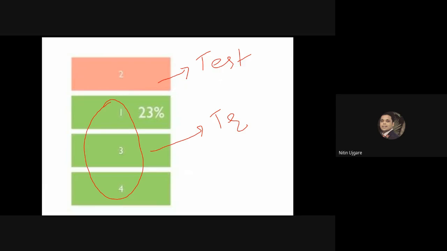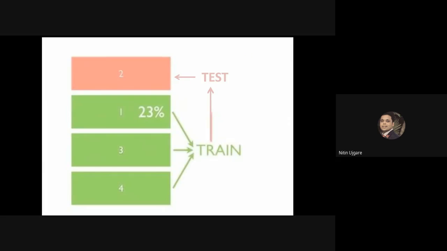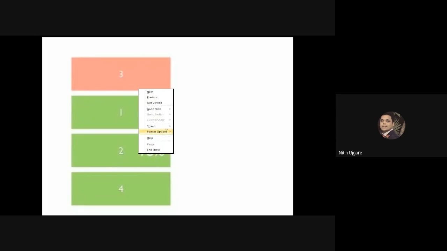For the first fold, which we kept aside for testing, we got an error rate of 23%. In the same way, we calculate the error rate for the second fold, and we got 18%.